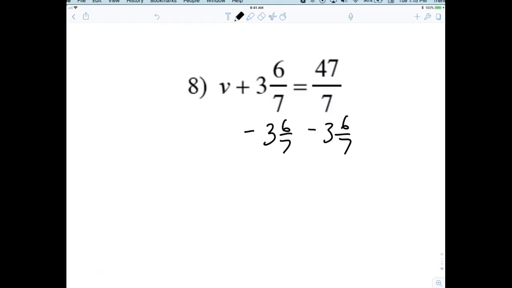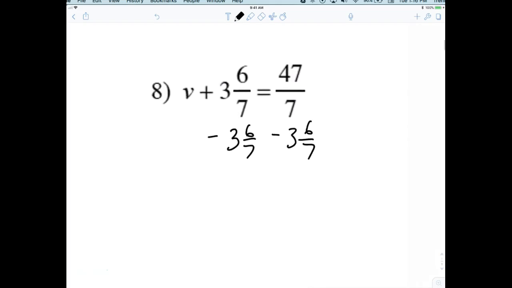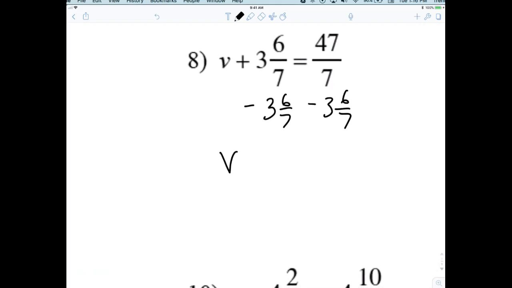So in my opinion, the easiest way is to convert 3 6/7 to an improper fraction because it already has a common denominator. So V is equal to 47/7 minus, how much? Thank you, 27/7. Loud and proud.